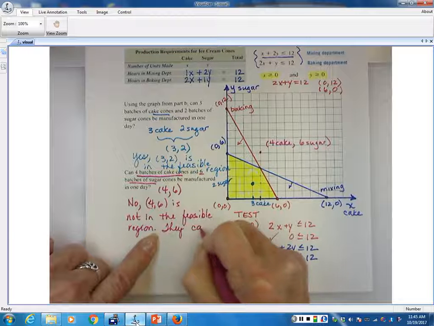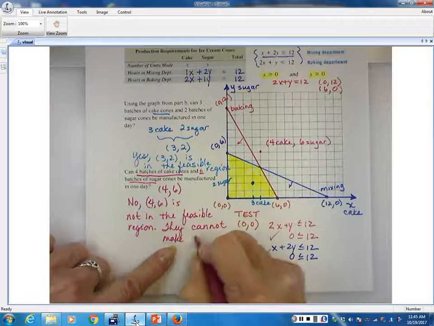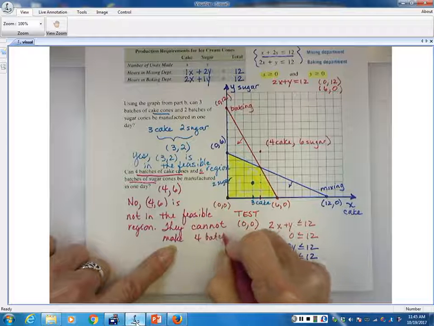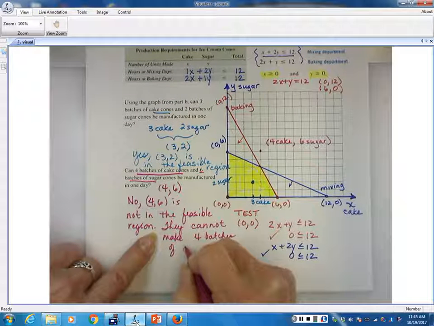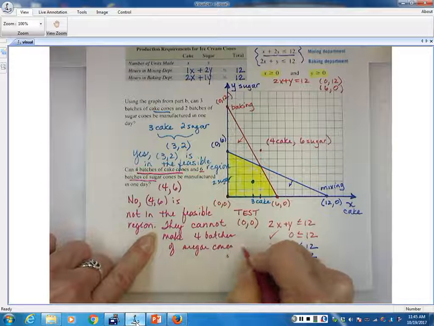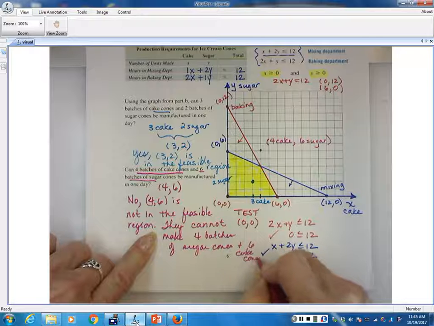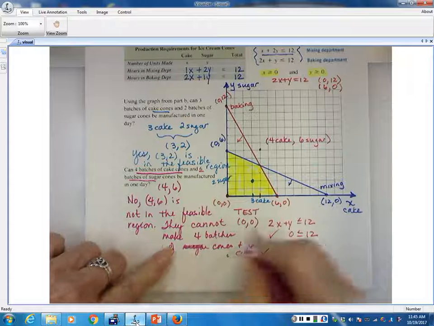So you say they cannot make 4 batches of sugar cones and 6 cake cones. I'm sorry, cake and then sugar. I wrote it backwards.